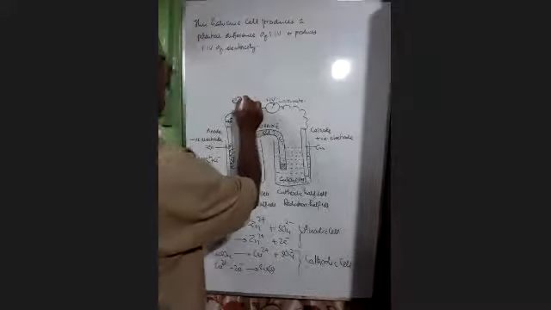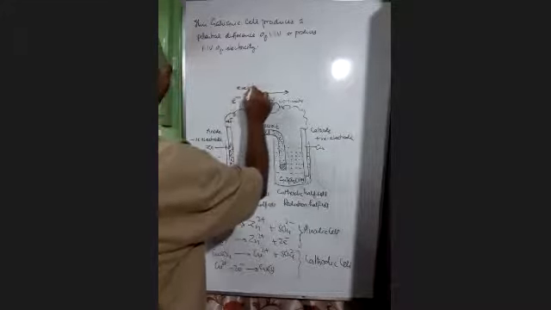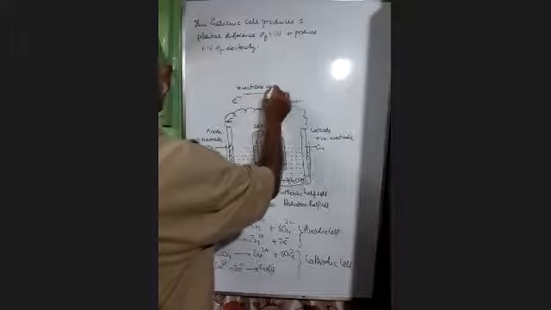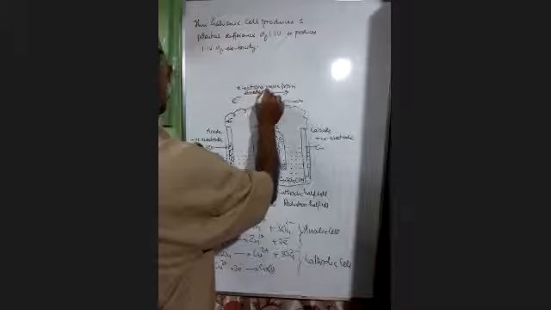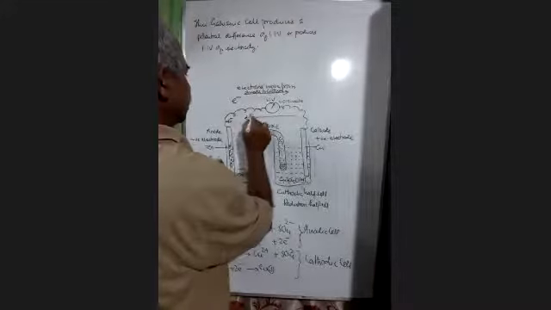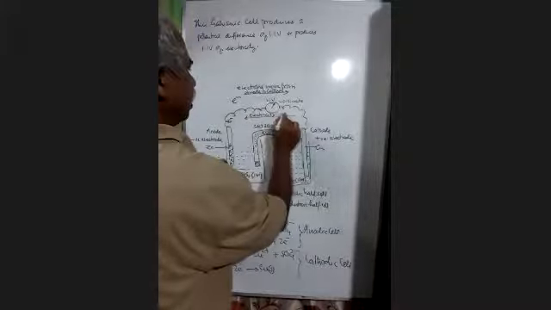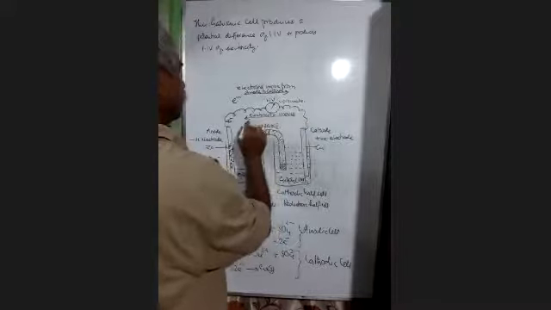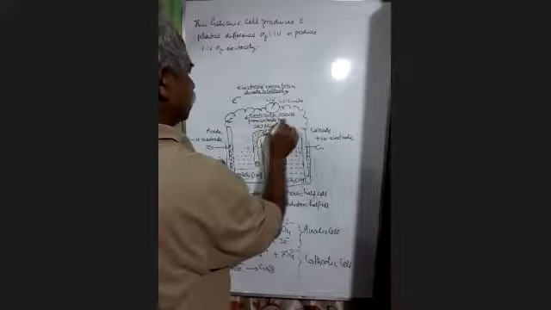Electrons are generated here. Electrons migrate in this way. Electrons move from anode to cathode, but electricity moves from cathode to anode.